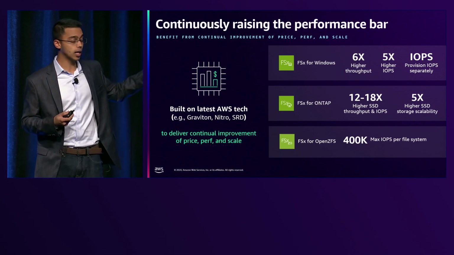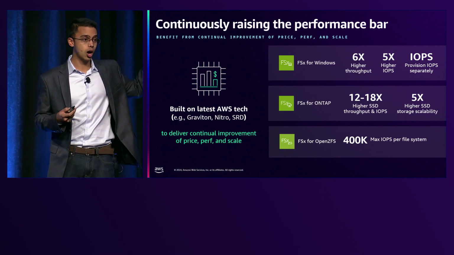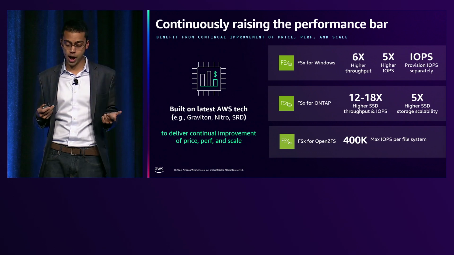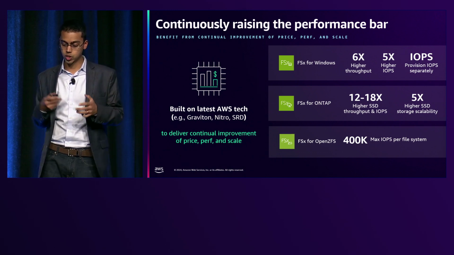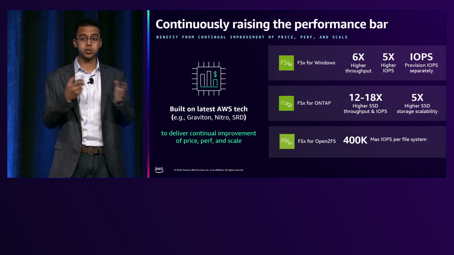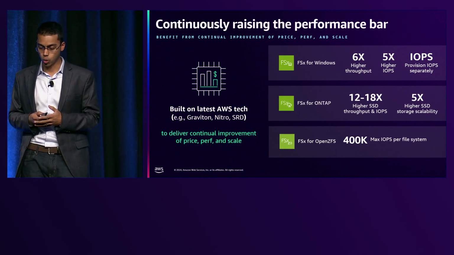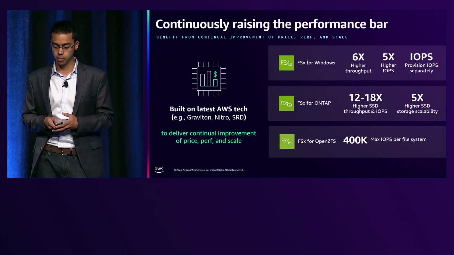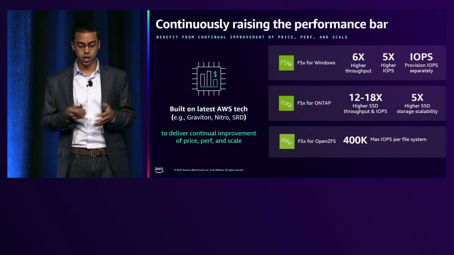This is all within the last year, delivered across 3 of our FSx engines, increases in higher throughput, higher IOPS, the ability to scale different dimensions separately, such as SSD IOPS independently of storage. We're continuously investing to increase our performance limits. And these are all within a single file system.